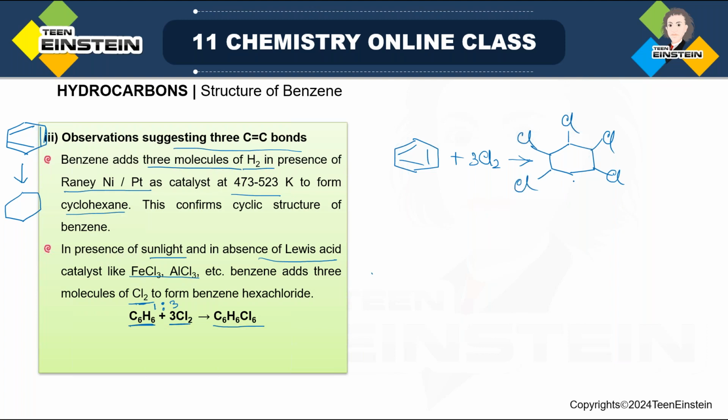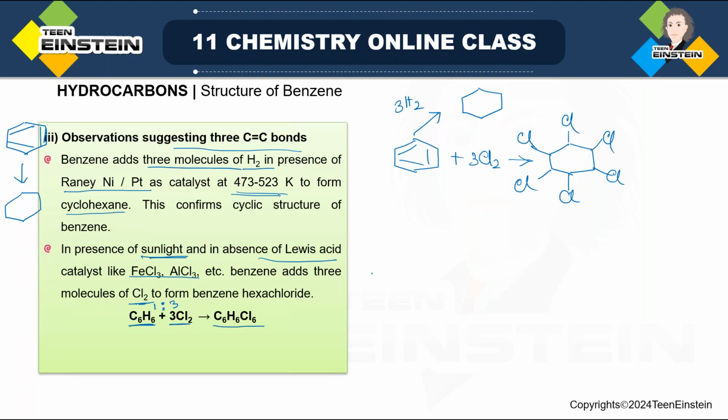Now, though we have said that we do not get addition reactions, remember, it is not that we will never get them, because here you are seeing addition reactions. And if you are treating it with 3 hydrogen, then you will get cyclohexane. But now addition reaction is happening because the reaction condition is very drastic. You are doing the reaction in presence of sunlight, in presence of very high temperature.